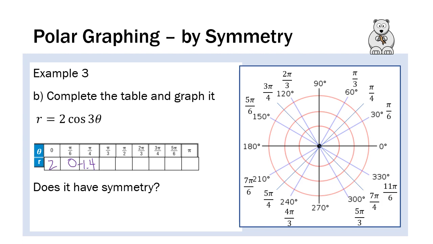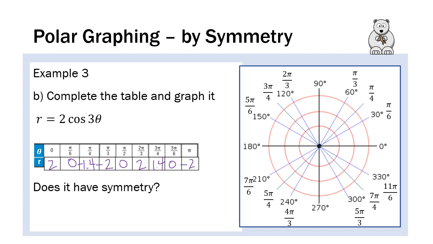Pi over 3, pi over 2 is 0, 2 pi over 3 is 2, 3 pi over 4 is 1.4. I'm feeling some symmetry here. I don't know for sure though. Then 5 pi over 6 was 0, and pi was negative 2.